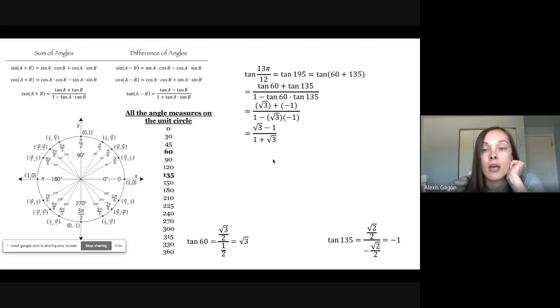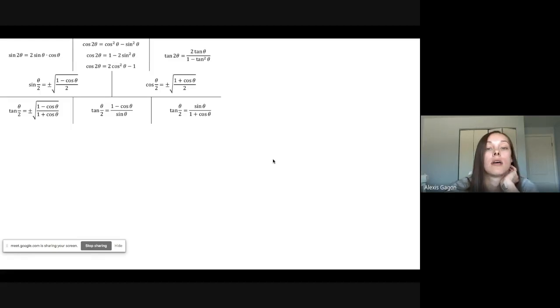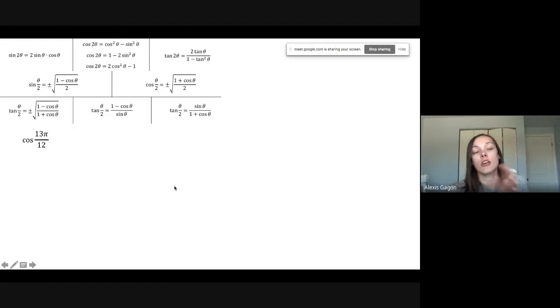Okay. So then the double and half angles. So again, have all these somewhere that you can reference them. So let's find the cosine of 13 pi 12ths. So first, change it to degrees. Always change it to degrees. So that's the same as the cosine of 195.